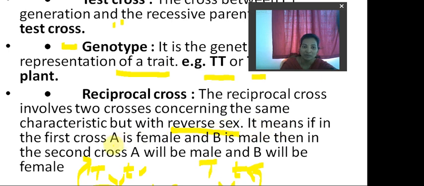It means if in the first cross A is female and B is male, then in the second cross A will be the male and B will be the female. So you are reciprocally crossing them. That is how we call test cross, genotype and reciprocal cross.